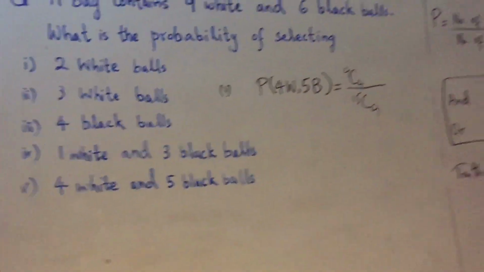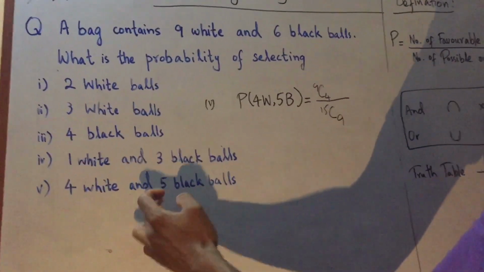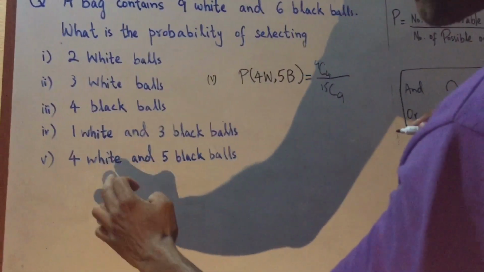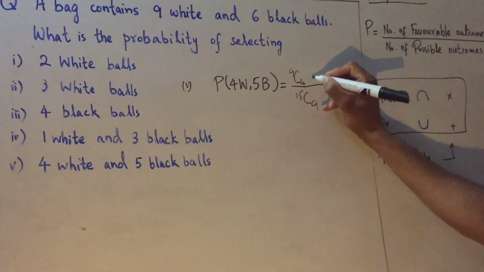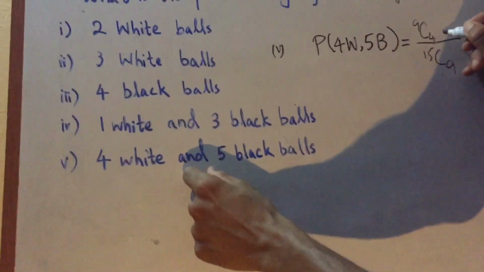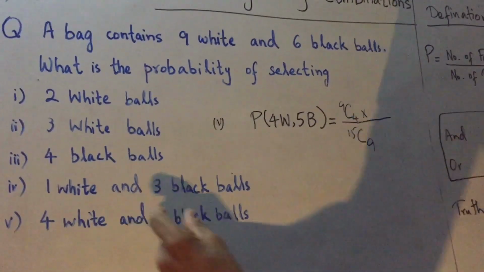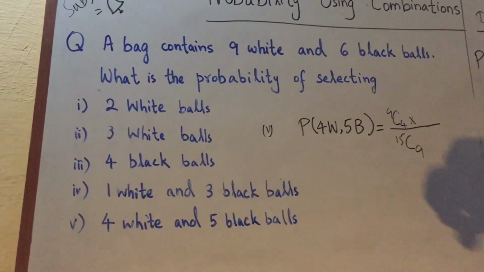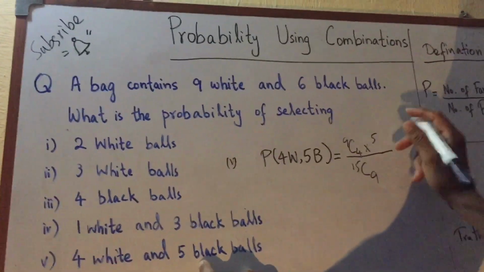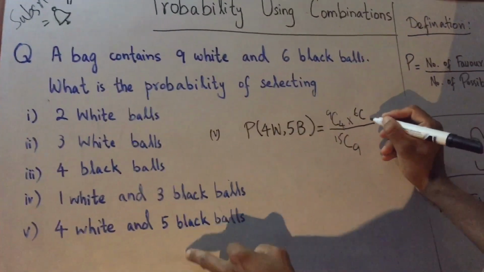You see here AND, so we use multiply. If you see OR in an exam, instead of AND, meaning 4 white or 5 black balls, you use plus. In this question you see AND, so we use multiply. 5 black balls: sorry, 6 black balls in the bag, 6C5.